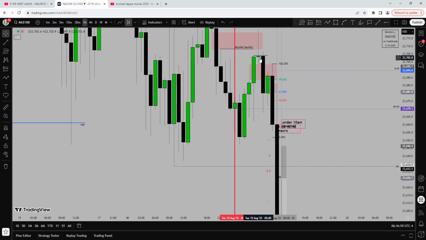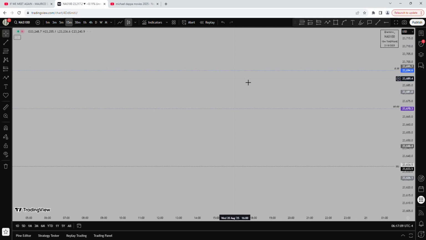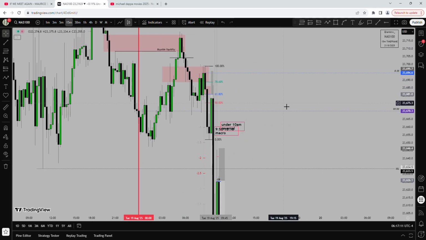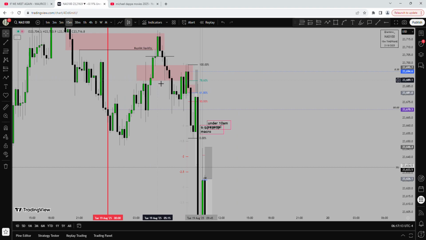Price closed below this, which was the first confirmation, then it traded below, which was the second confirmation, and then it also left an FVG here. Oh my god, what a good setup. So that's what this box is for. This particular box is the FVG that turned into an IFVG.